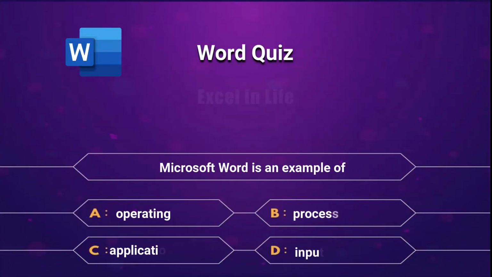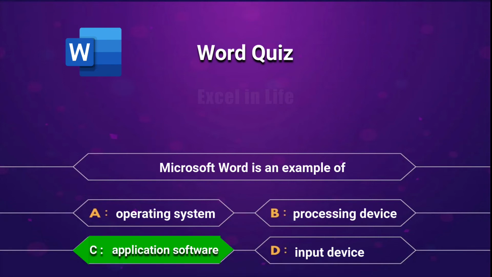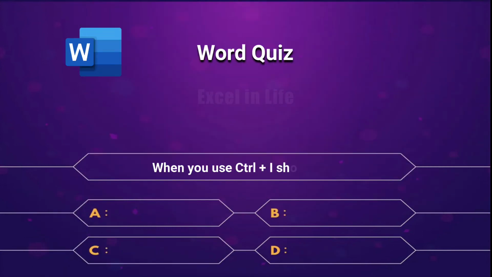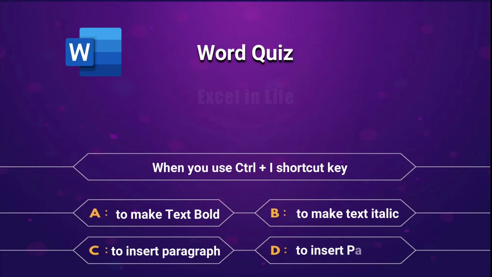Microsoft Word is an example of operating system, processing device, application software, or input device? It's application software. When you use Ctrl+I as a shortcut key, does it make text bold, make text italics, insert a paragraph, or insert a page? To make text italics.